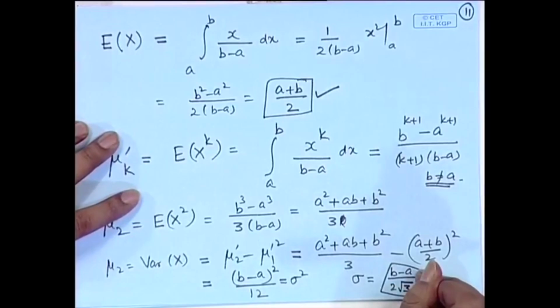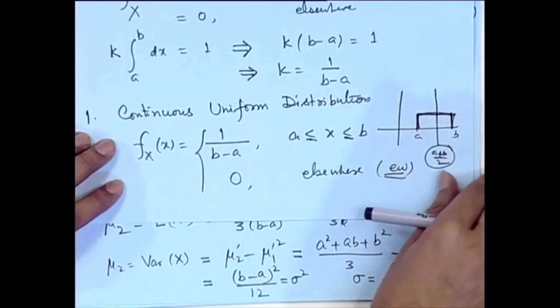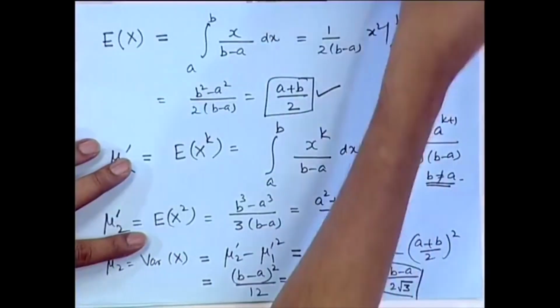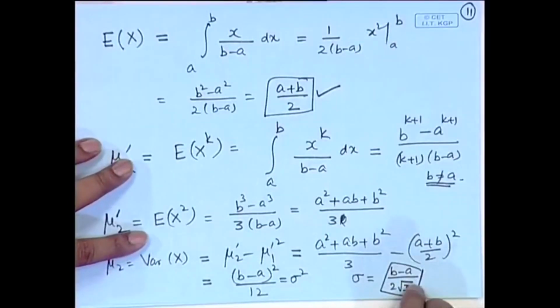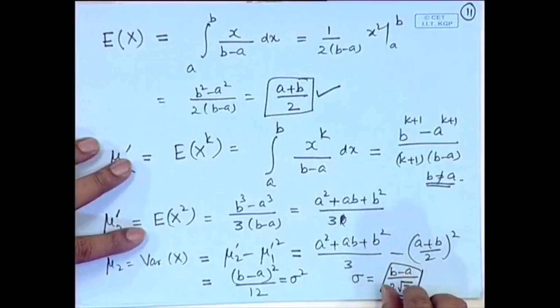So, you can see here the range of the distribution is b minus a, and the variability is b minus a divided by 2 root 3, which is much less, because 2 into root 3 is about 3.42. So, this is much smaller than the range, and it is because of the uniformity that the variability is much smaller.